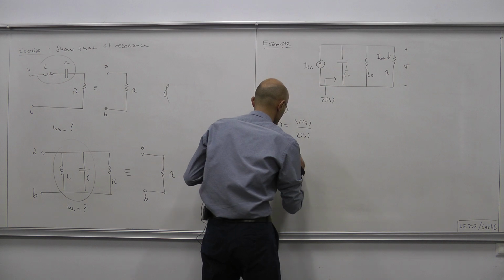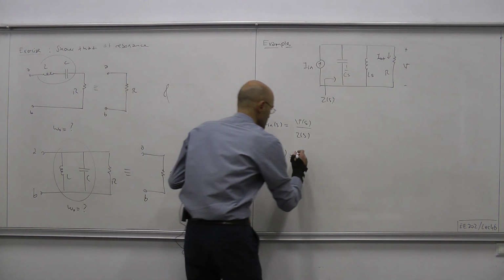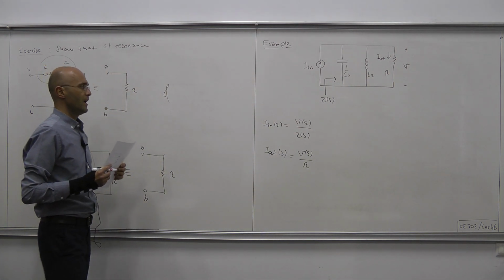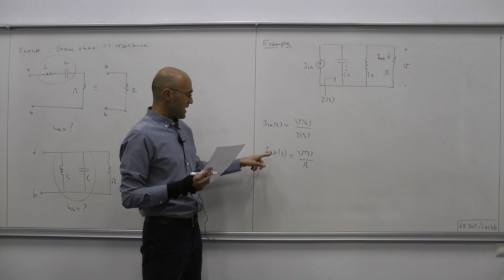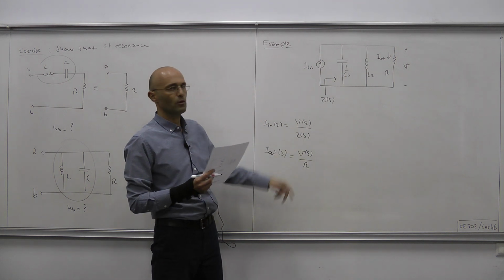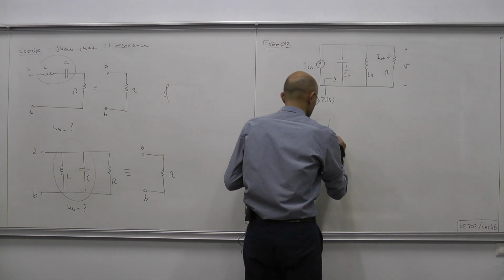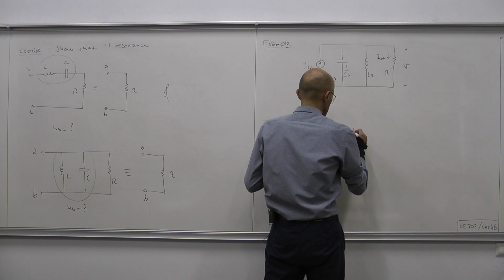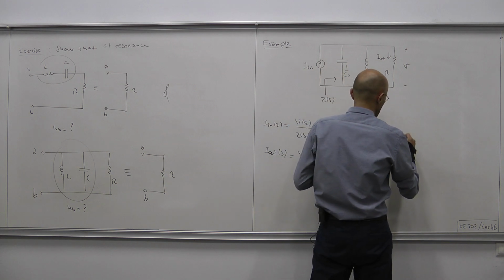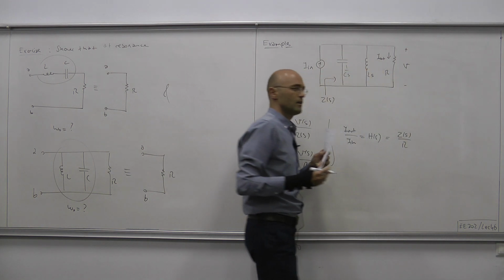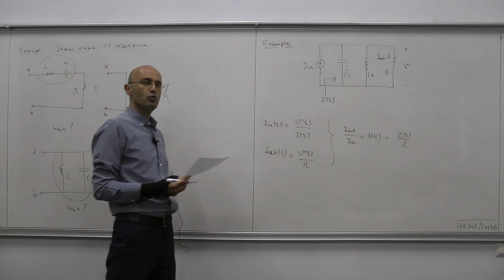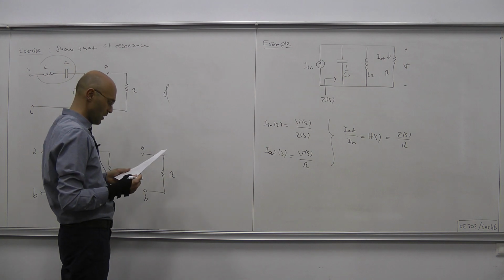So this is V(s) over Z(s), whereas the output current is V(s) over the resistance R. Taking the ratio of I out to I in, the voltages cancel, and we obtain the transfer function I out over I in, which equals the driving point impedance divided by the resistance of the resistor through which we collect the output current.